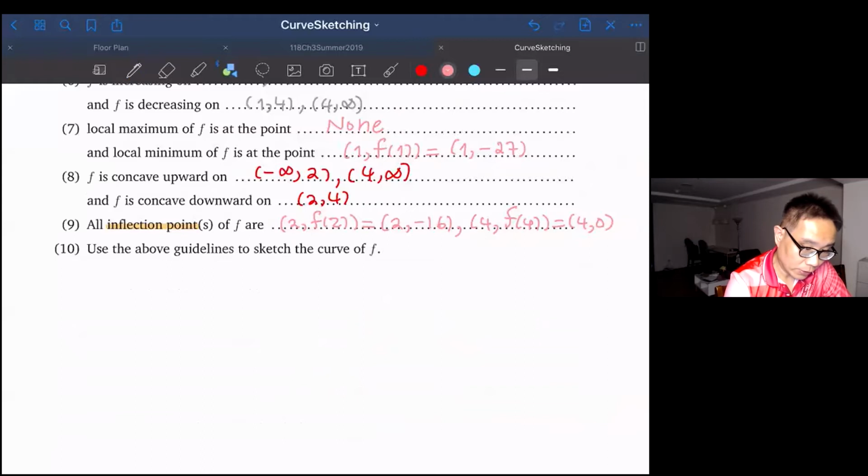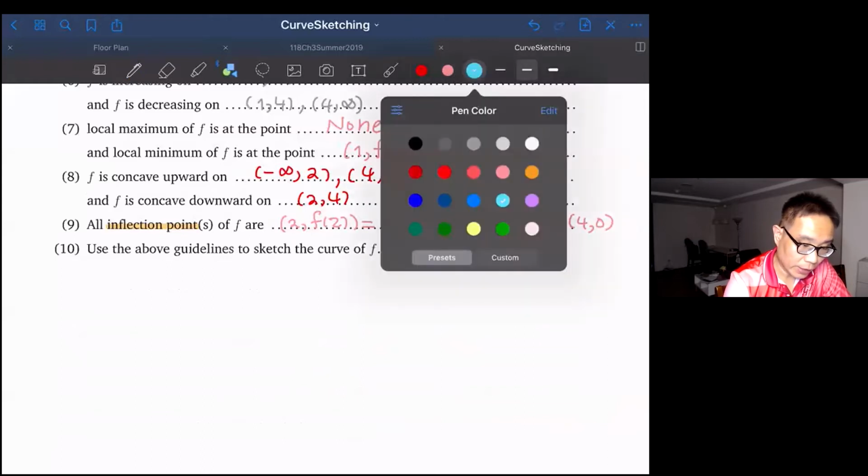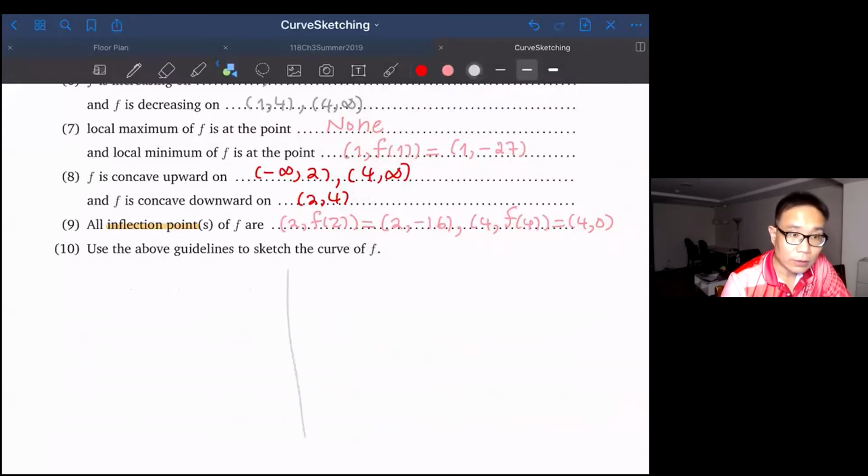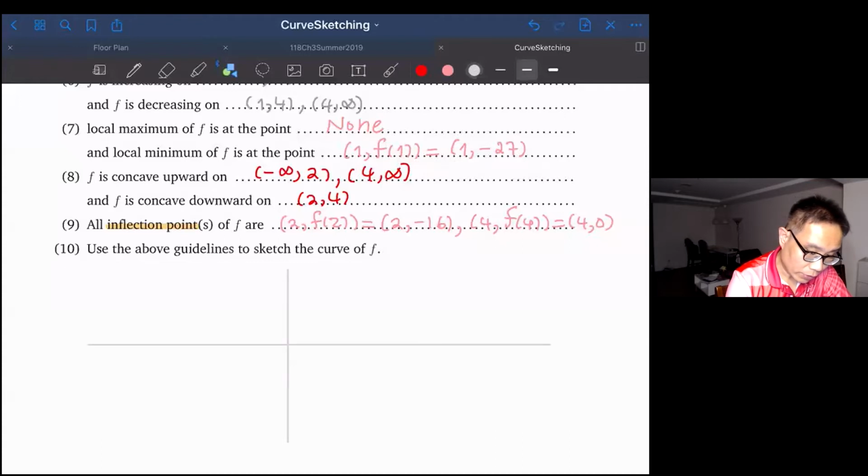So I'm going to first draw the x-axis and the y-axis. So you have y and you have x. And the points that you're going to plot will be the points that you have seen in the calculation above.